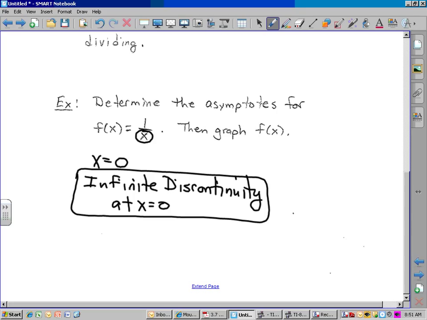It would cause a hole in the graph. Okay? So let's first determine discontinuities. The discontinuities will now start telling us about asymptotes, because wherever an infinite discontinuity occurs is where a vertical asymptote will occur.